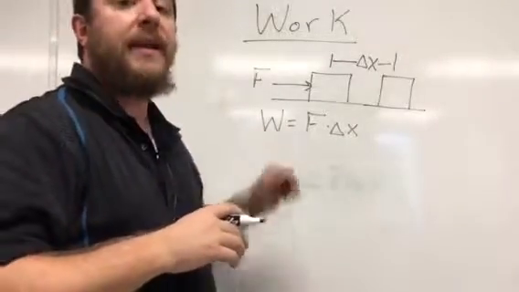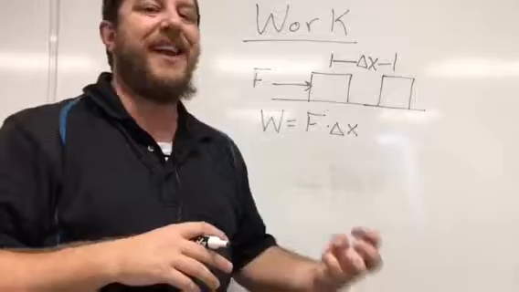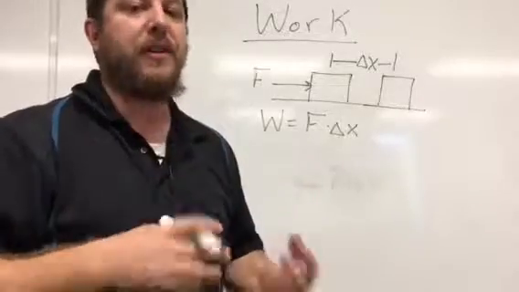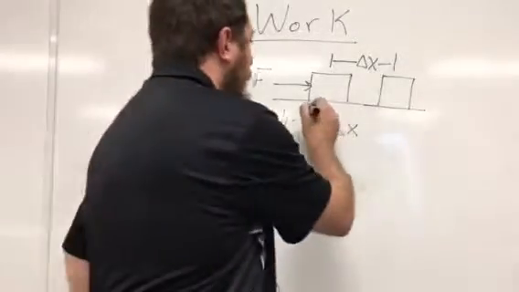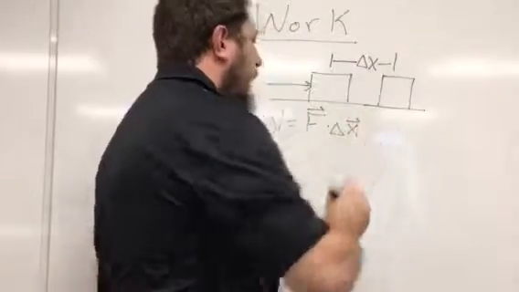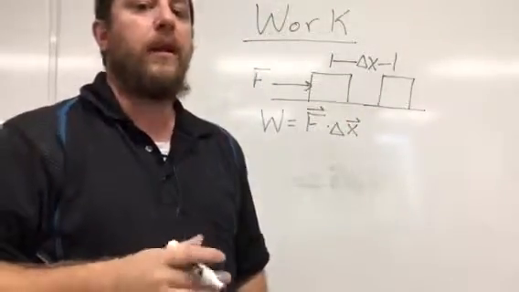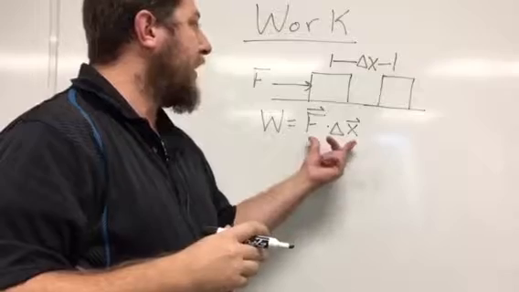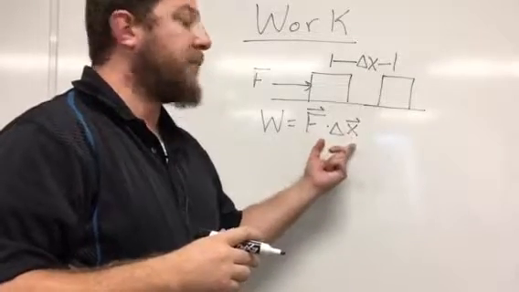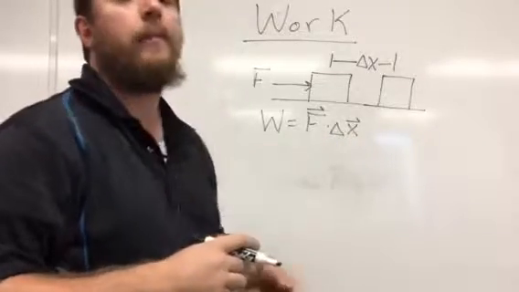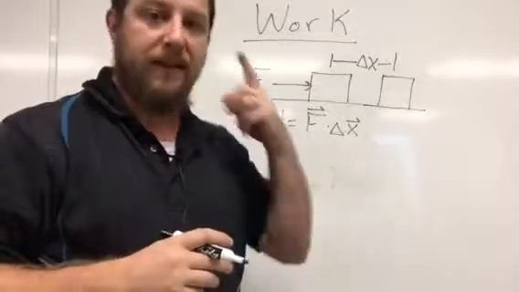Now, work is a scalar, okay? Work is just a number. It doesn't have direction. It only has magnitude. But force is a vector, and displacement is a vector. So this is already a vector times a vector that gives us a scalar, which is what the dot product is.